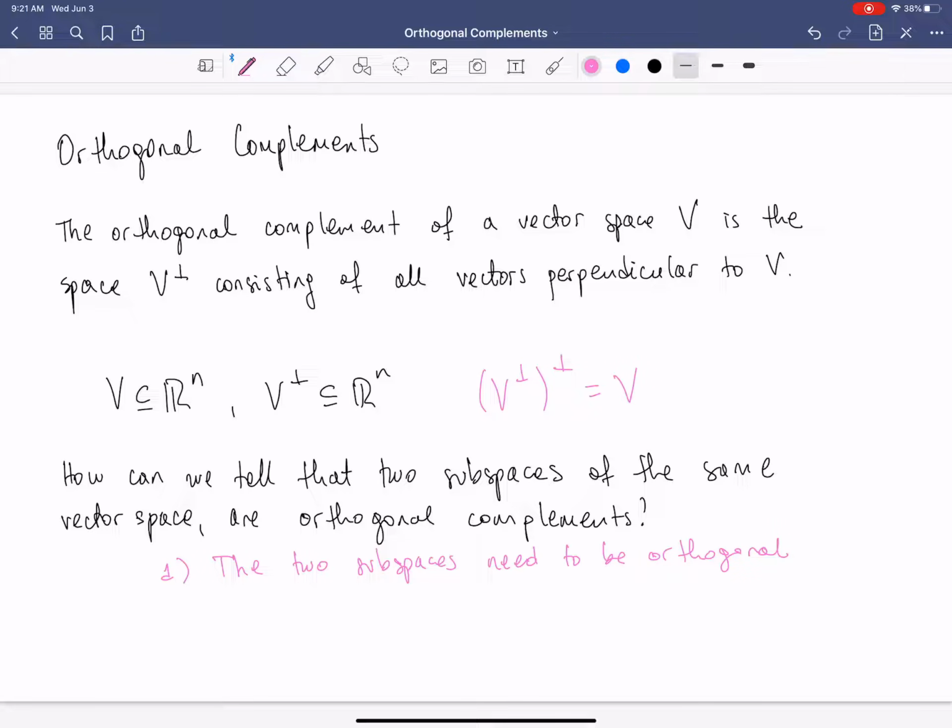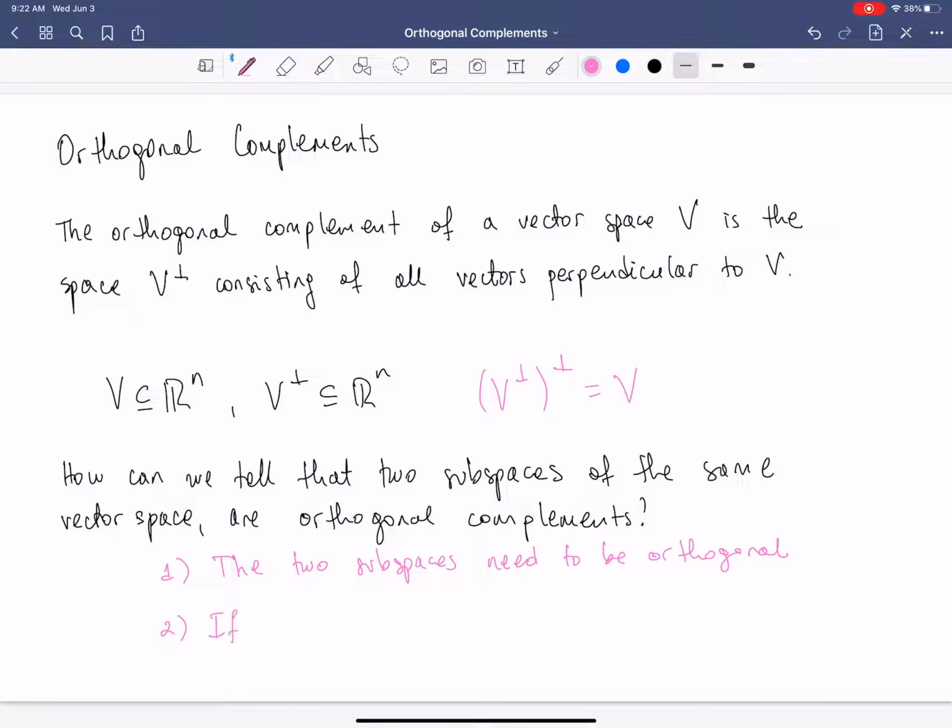Right? So if you have a basis for V and a basis for your potential V perp or W, whatever we call it, we can check if the two subspaces are orthogonal. But when are they orthogonal complements? Well, if the dimensions add up to the dimension of the space.